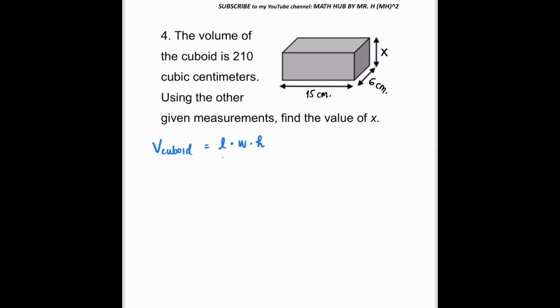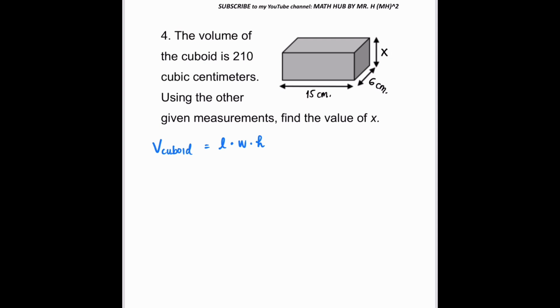Even if you interchange the length and the width, it won't matter because the operation here is multiplication. So whether you plug in 15 centimeters for the length and 6 centimeters for the width, or vice versa, it's not going to affect anything because the operation here is multiplication. So whether it's 15 times 6 or 6 times 15, it will give you the same product.